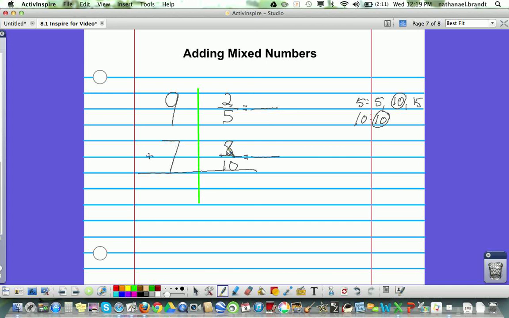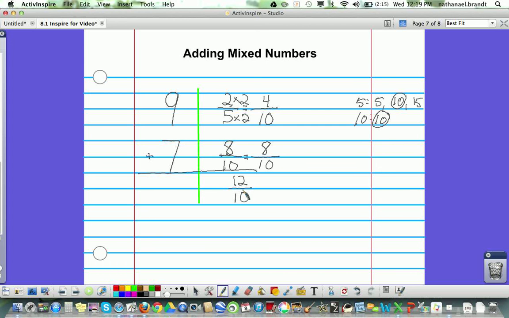So I don't even have to change 8/10. 8/10 is just going to stay the same. Here, I'm going to have a denominator of 10. 5 times 2 is 10. So I have to do the same thing to the numerator. 2 times 2 is 4. 4/10 plus 8/10 is 12/10.